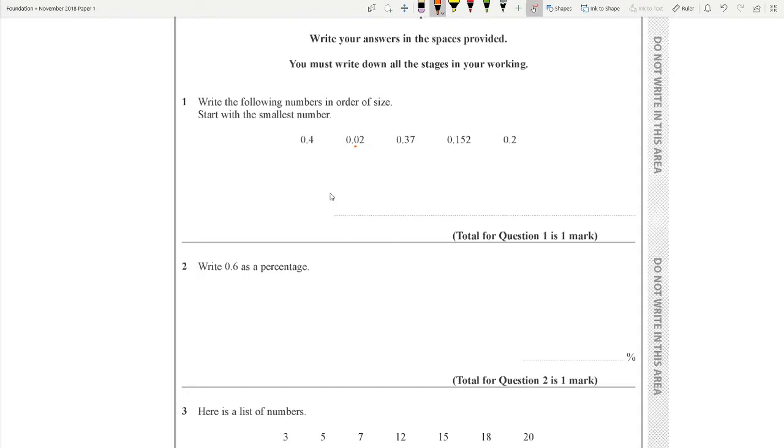So 0 tenths is the smallest, which is 0.02, get rid of that. Next, there's 4 tenths, 3 tenths, and 1 tenth, so that's the next one, 0.152, get rid of that. Next we have 2 tenths here, then 3, then 4, so 0.2 is the next one, and then 0.37 and 0.4.